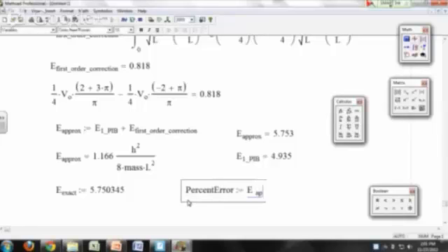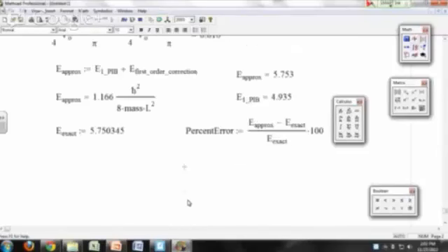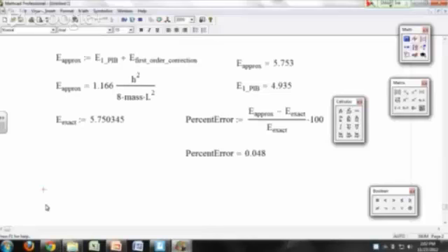It's going to be approximate value minus the exact value divided by the exact value times 100, and our percent error is 0.048%, not too bad. Okay? We have a pretty small perturbation, so we have a decent accuracy here.